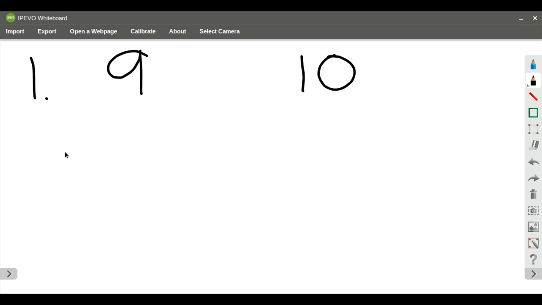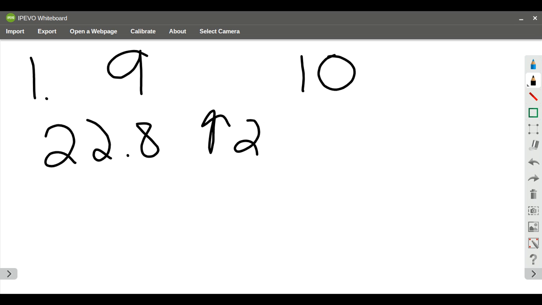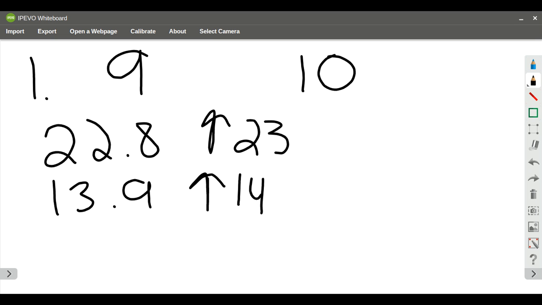So I looked at what I rounded. When I did 22 and 8 tenths, I rounded up to 23. And then when I did 13 and 9 tenths, I rounded up to 14. If I take a look at the 10, 22 and 8 tenths, I rounded up to 25.